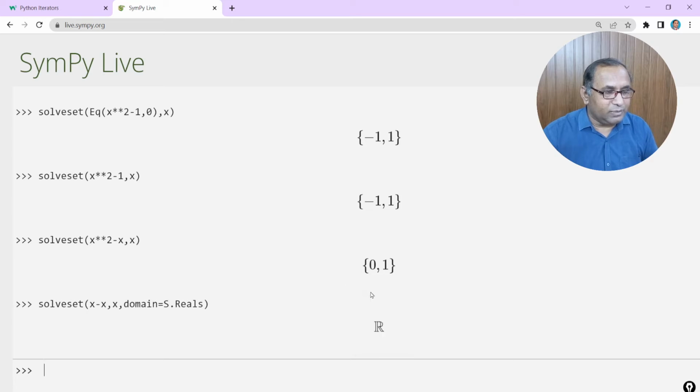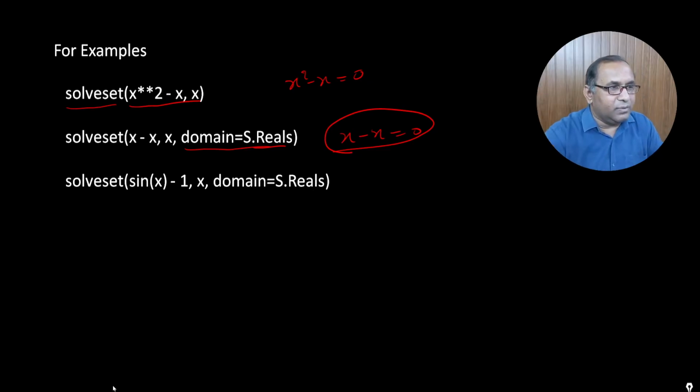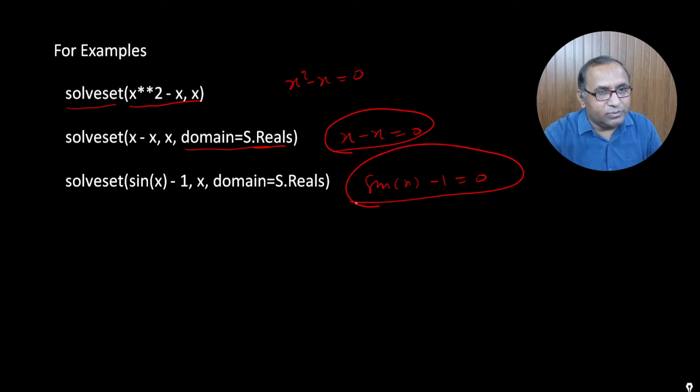There is one more example for the same. We have the equation sin x minus 1 is equal to 0, and we want to find the solution for it. This is the syntax: this is the equation, then the x variable, then the domain.